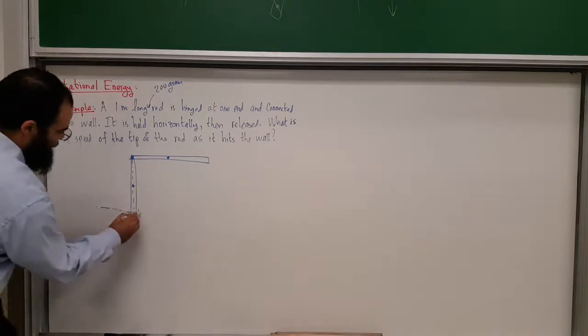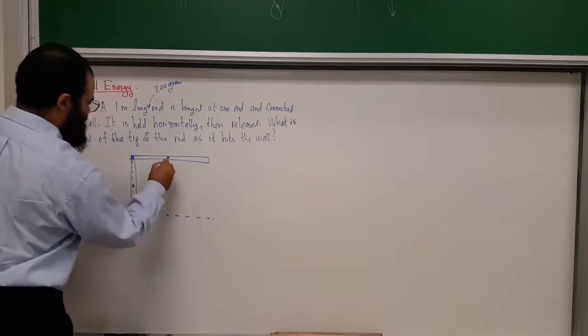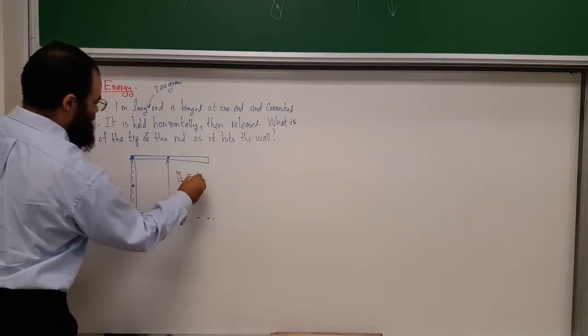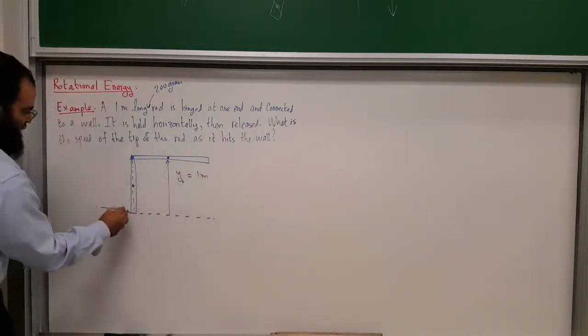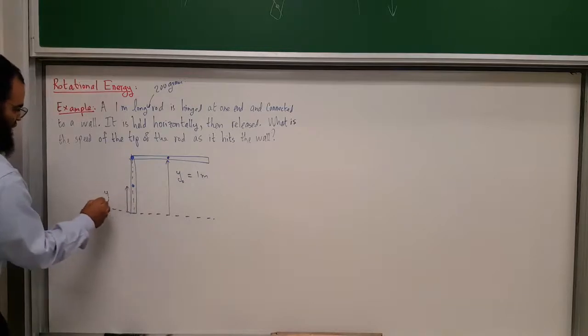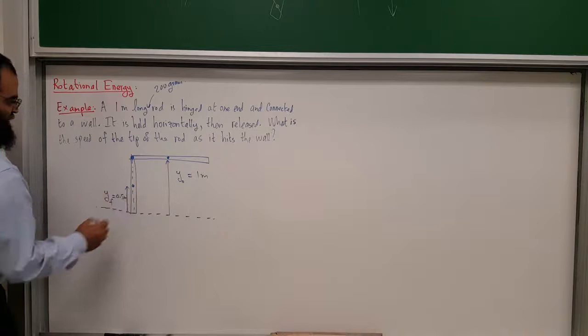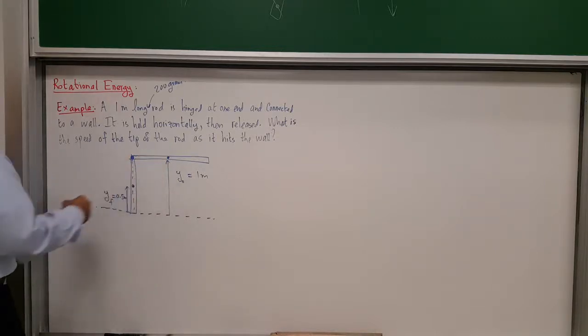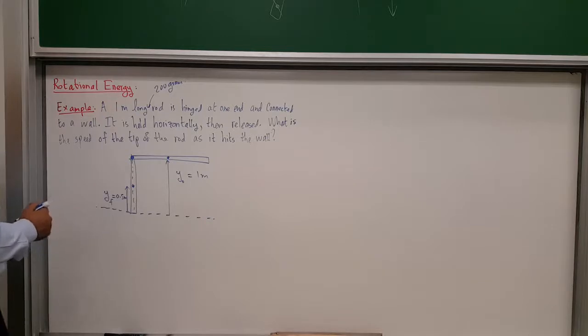So let's say at the beginning, the height, y initial, is 1 meter. But then at the end, y final is equal to 0.5 meters, right? The center of mass will be here. So it lost potential energy, but it gained kinetic energy, in terms of rotational kinetic energy.